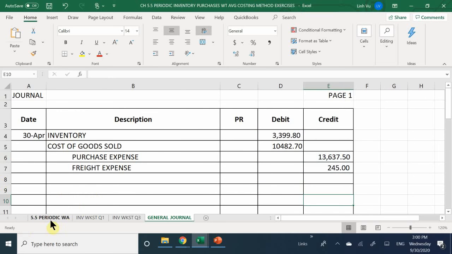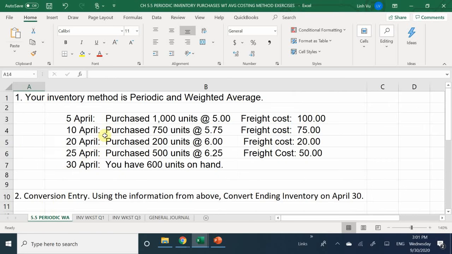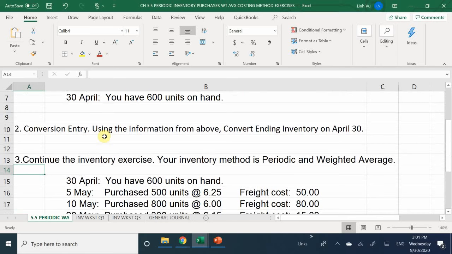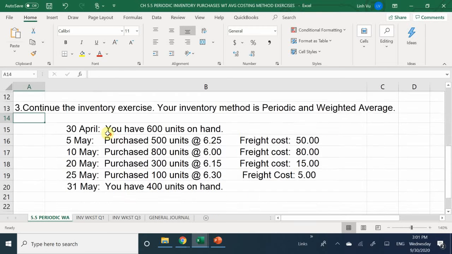Good. Okay, so now we're also going to do the next problem right here, which is a continuation. Continue the inventory exercise. Your inventory method is periodic and it is weighted average.